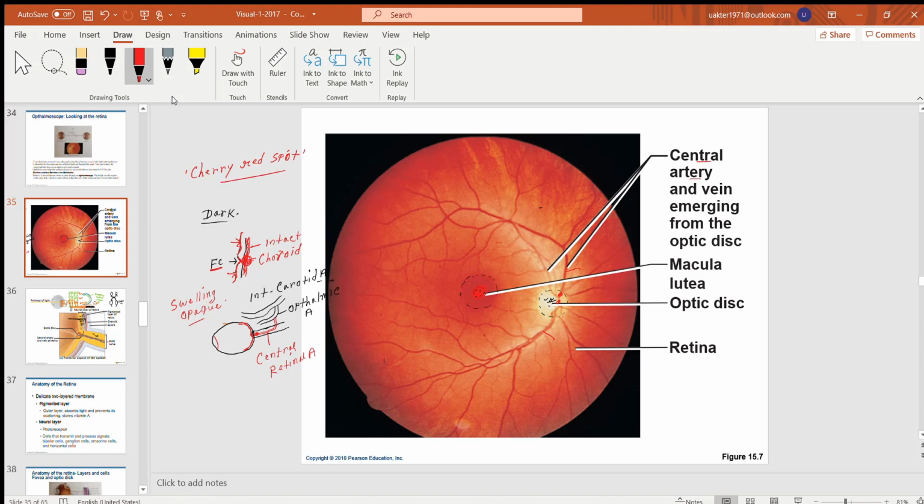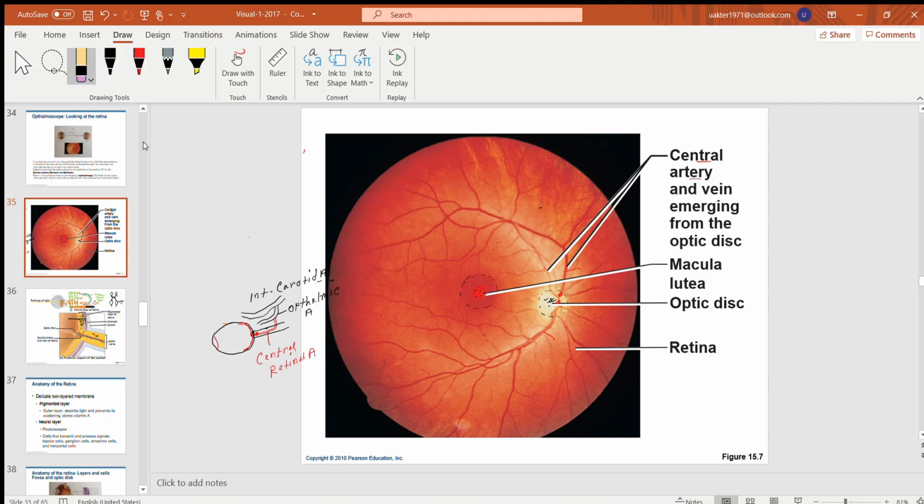Even if the retina is damaged, you can still see red in the fovea centralis. Now we will see the development of the retina, which is very interesting.